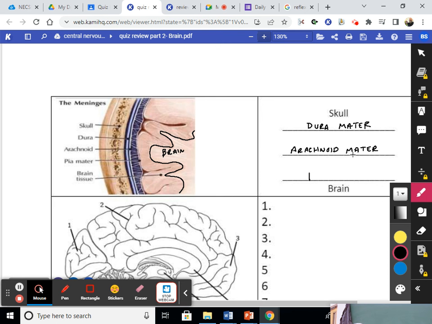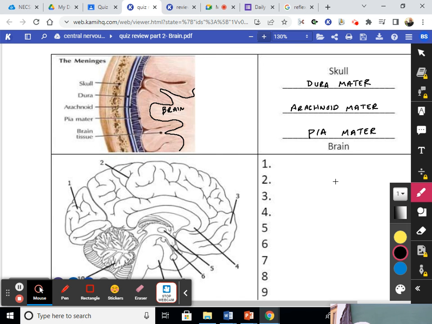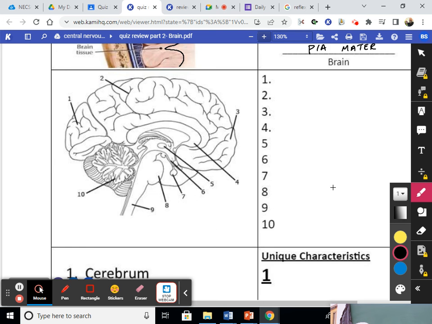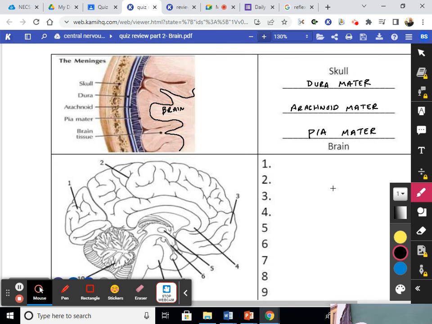And then on the inside, snug right up against the brain, we have the very delicate pia mater. That's how it's really pronounced. Mater. All right? Remember PAD, right? That's the pad between the brain and the skull.